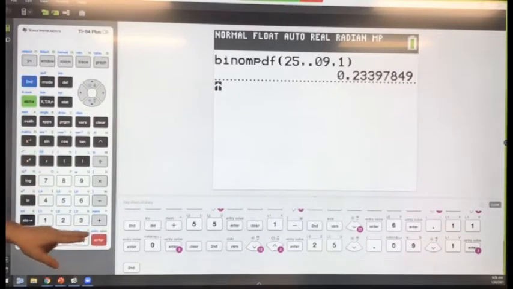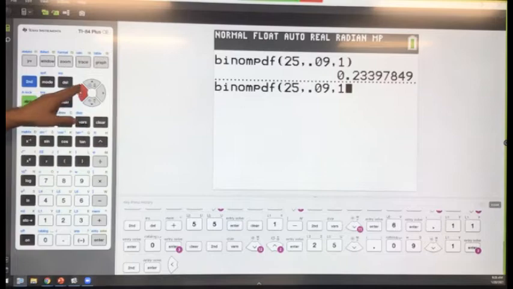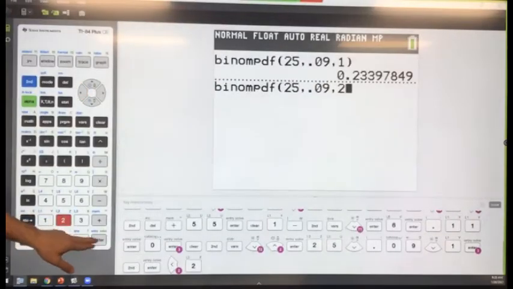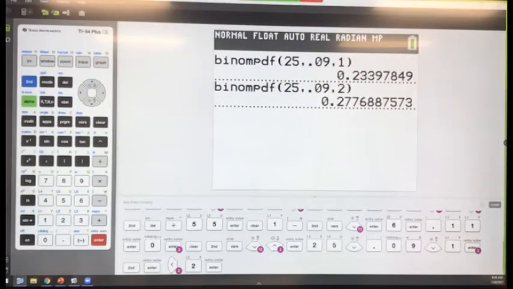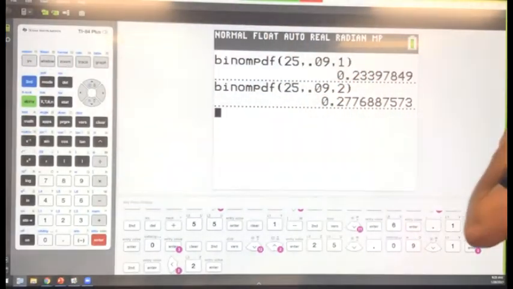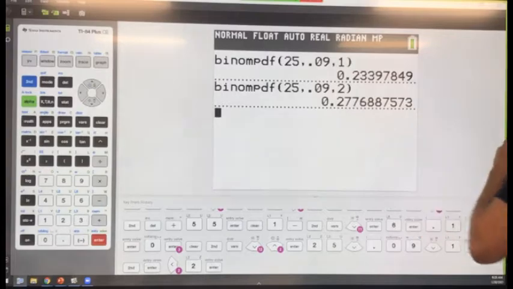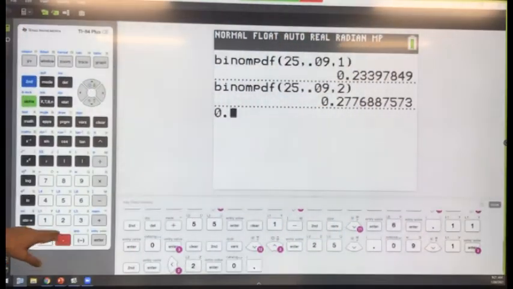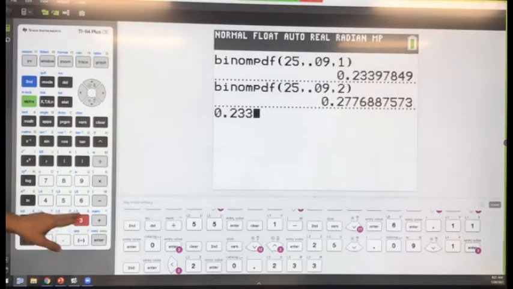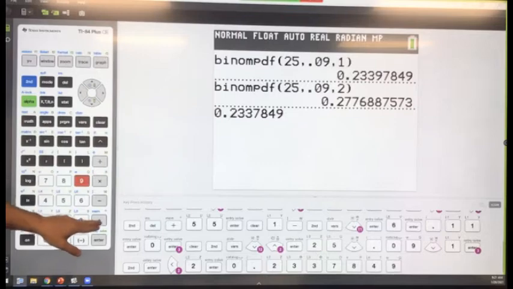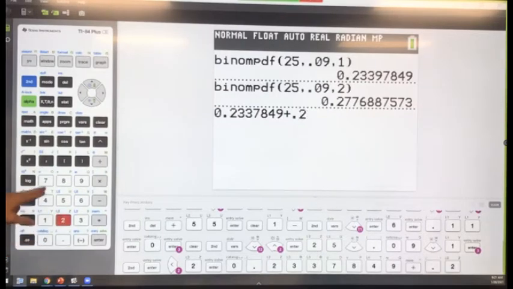Now, second entry, so I'm going to redo this. And what should I put instead of 1 here? Because I also want to find 1 or 2. So I'm going to put a 2. So the probability of having 1 message is 0.23, and the probability of having 2 messages is 0.27. And I was told to add, so 0.23397849 plus 0.2.